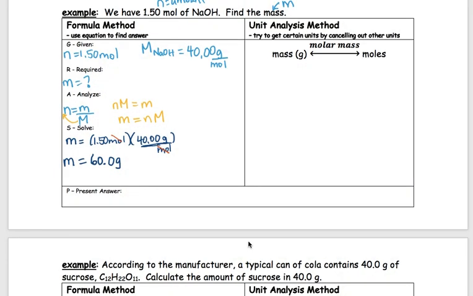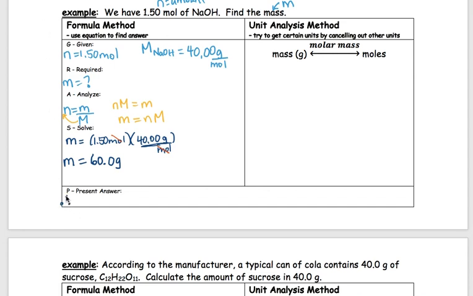Again, don't stress if you're not comfortable with sig figs. Just use the rule of thumb: of the numbers you're calculating with, the one with the fewest number of digits is what determines how many digits your answer should have. Okay, so 1, 2, 3 digits. Okay, so 60.0 grams.